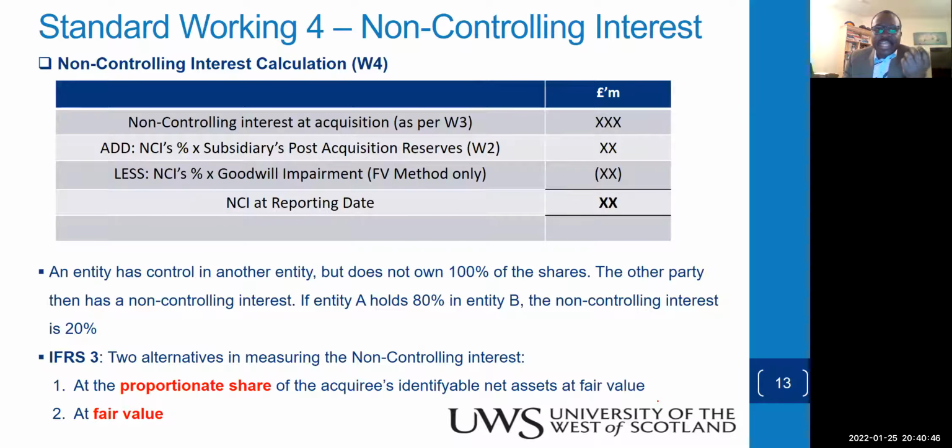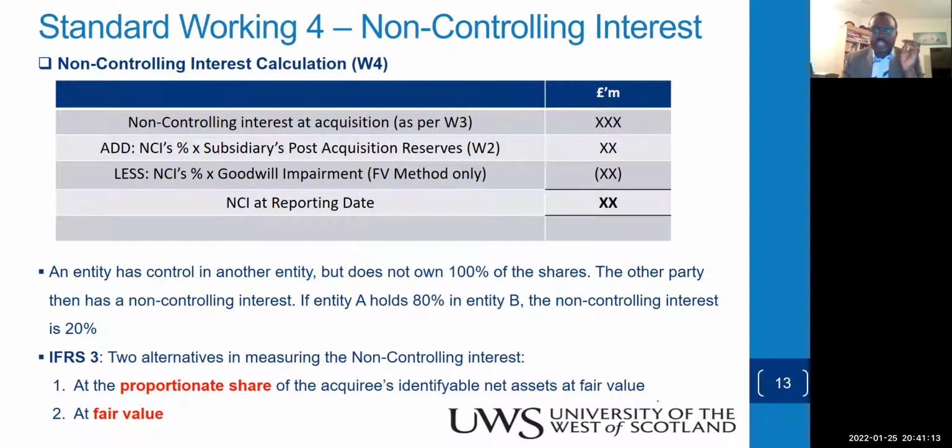Then number four, we look at the NCI's calculation, how to measure it. So usually it's fair value at acquisition, and then we look at any component in terms of the post-acquisition reserves of the subsidiary and their share of any impairment losses, to get our NCI at reporting date.